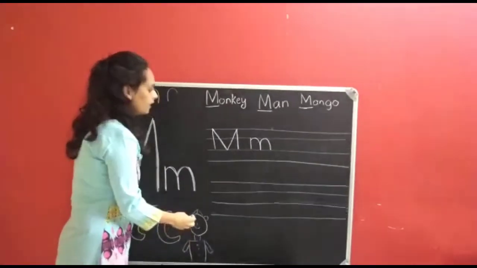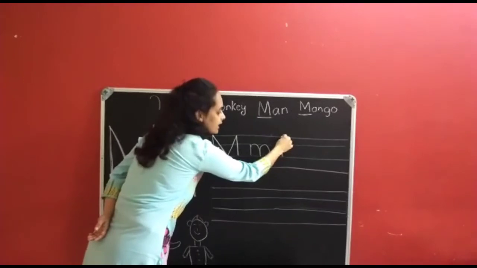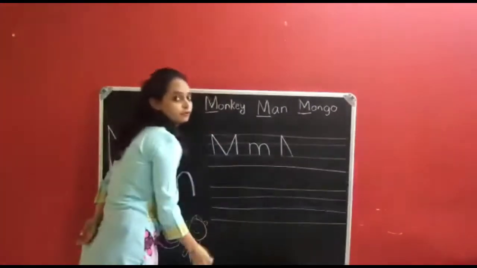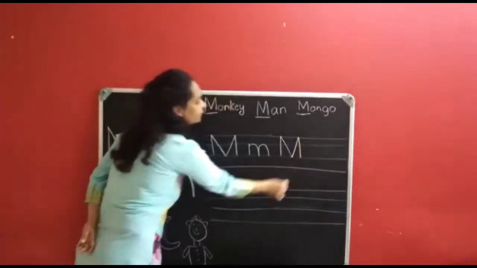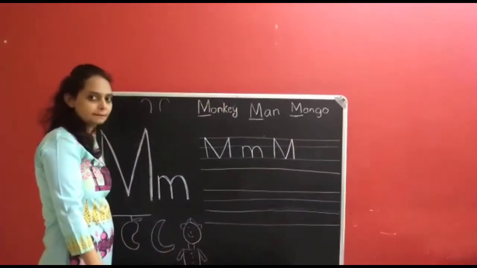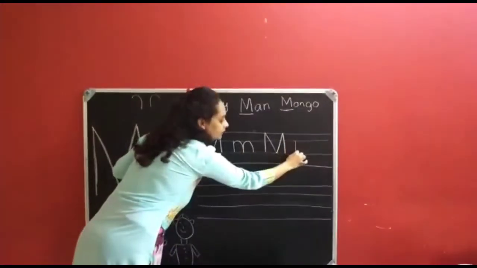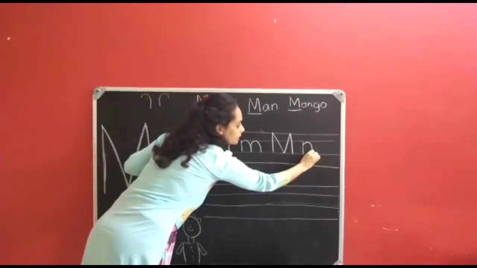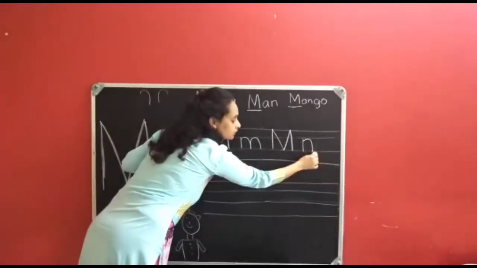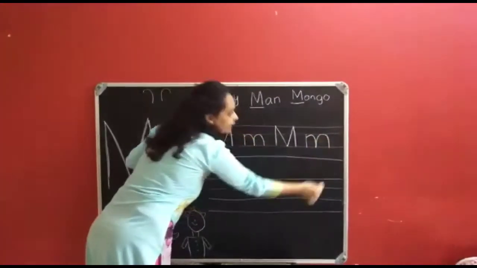Okay children, again I am going to teach you. Standing line, slanting line, till the blue line you have to do, go up, again come down. Okay, it becomes letter M. Okay, now small letter M, standing line, curve, and from here also, here only children you have to come up and do a curve and standing line like this.